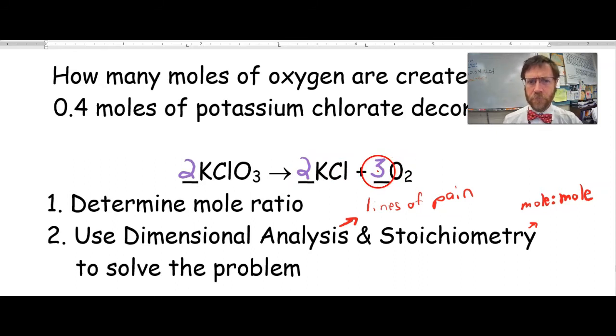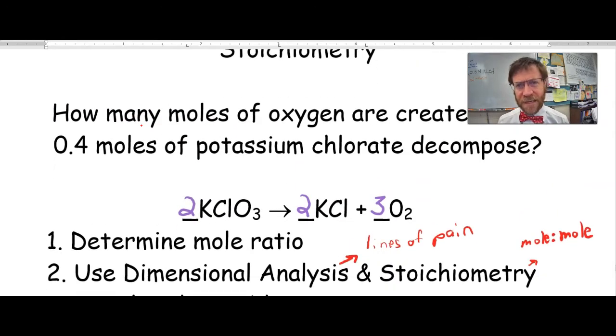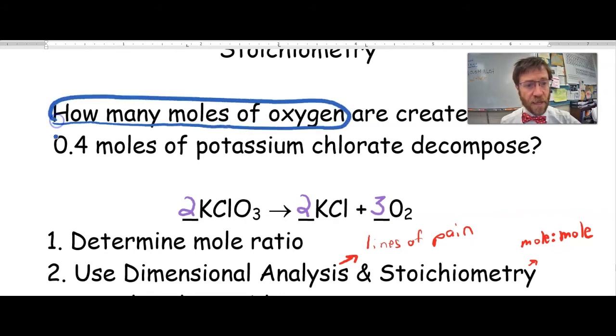You got it? Okay, so the question, also this is another thing I like to do. Word problems are terrible, especially if your eyeballs want to be hateful and dyslexic. So what I end up doing is I go here and I underline or circle lots of things. How many moles of oxygen? This is what I'm looking for, right?